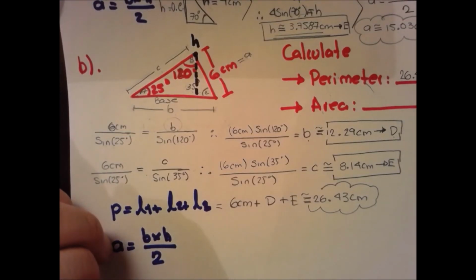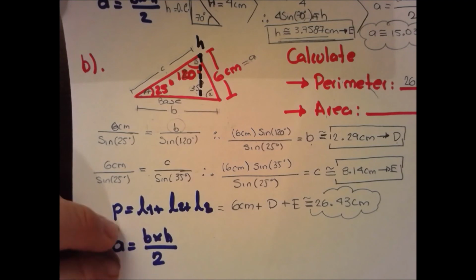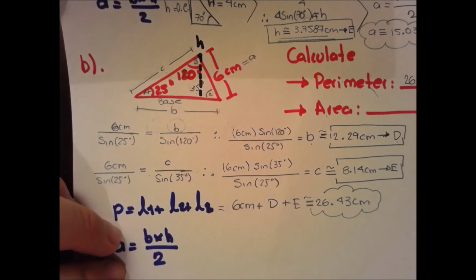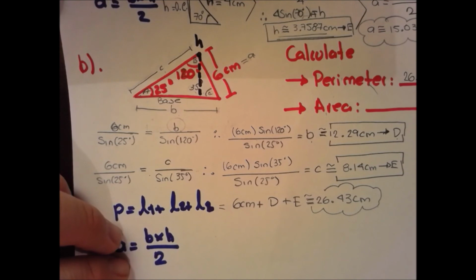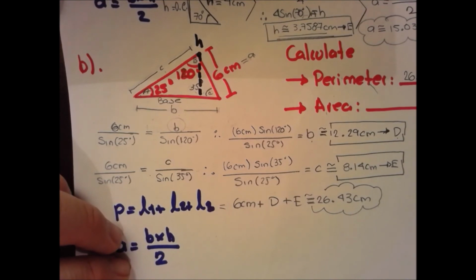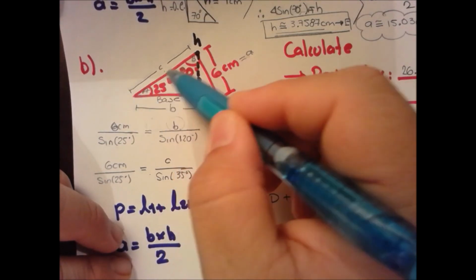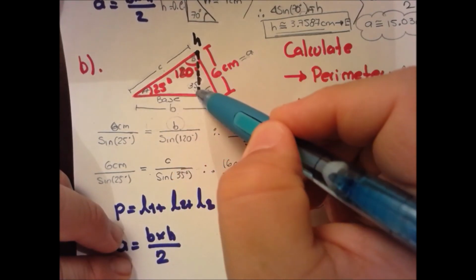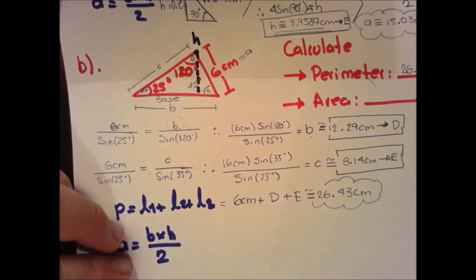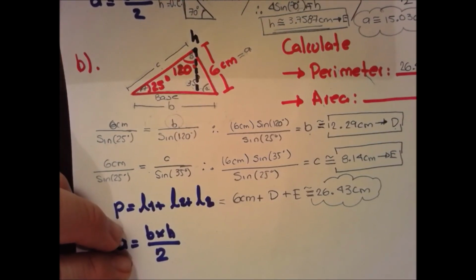And we don't have that data. We need to calculate it. And again, guess what? We need to use a right triangle. We have two options. This one or this one. Which one do you want to use? It's up to you. You have the information of both, so it doesn't matter.